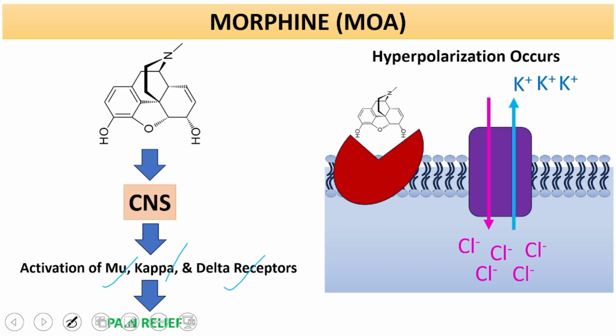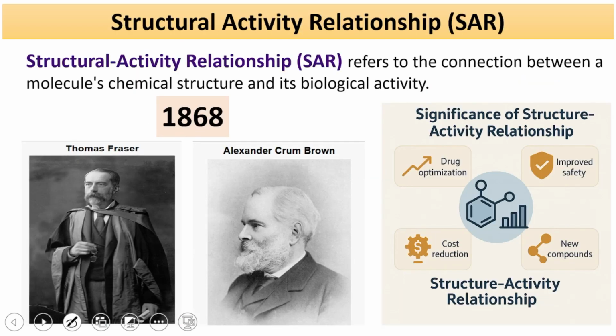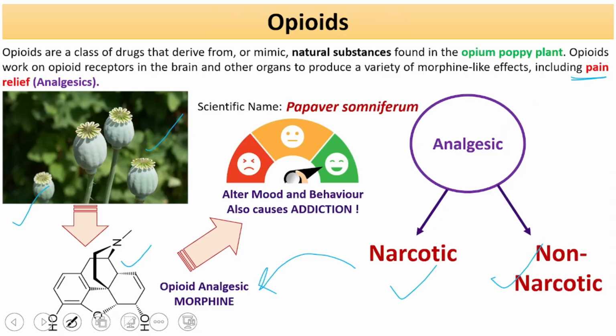There is also a phenomenon known as hyperpolarization, which occurs when morphine binds to the receptor sites and the ion-gated channel allows the influx of chloride ions and efflux of potassium ions. So these are the morphine characteristics.